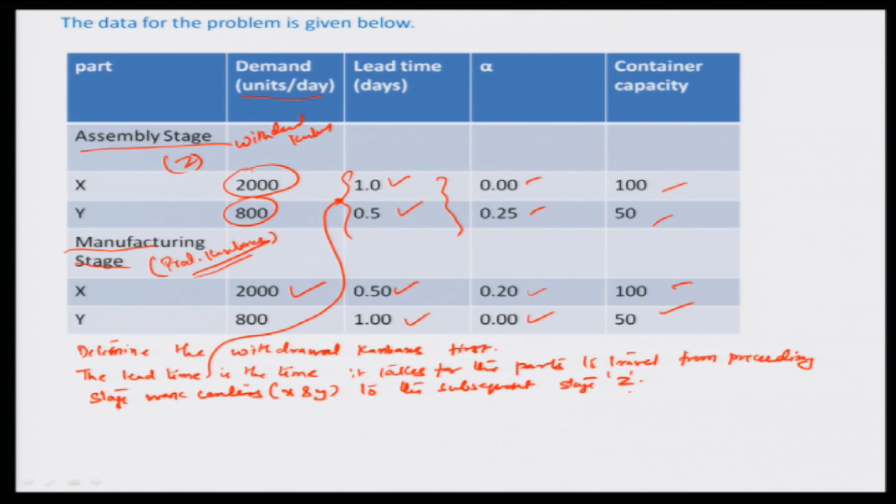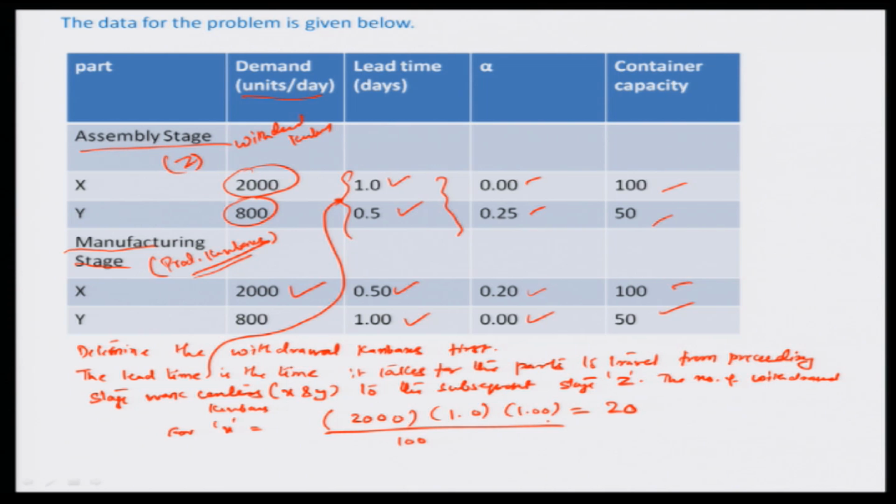Okay. So, the number of withdrawal Kanbans for X, for example, would be the demand per unit day, which is 2000, times the lead time, which is 1.0, times the policy variable. So, 1.00, again we are operating in a very lean 0% inventory level, divided by the container capacity.